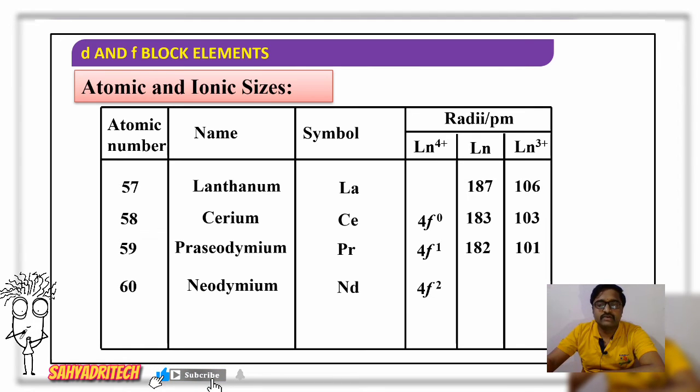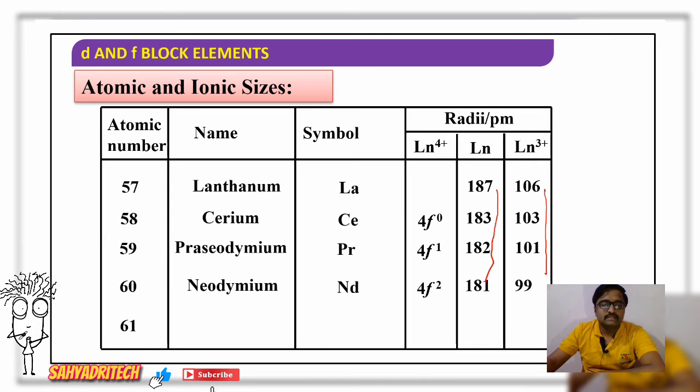Atomic number 60, neodymium, Nd, 4f2, 181 picometer atomic radius, 99 picometer ionic radius. So when you look at the data from lanthanum to neodymium, left to right along a period, the atomic radii go on decreasing. Even the ionic radii values in the +3 oxidation state go on decreasing.